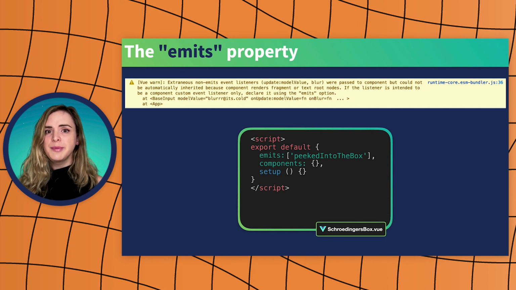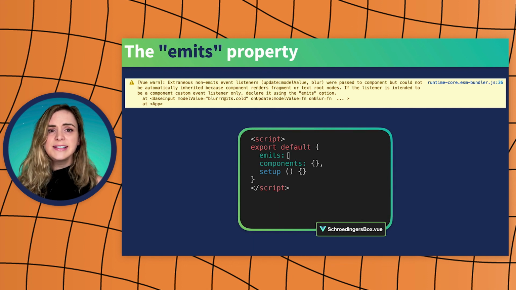So if we were expecting our component Schrödinger's box here to emit an event picked-into-the-box, we could just define it into the component like this. That way, whenever Vue instantiates our component, it will know that it may expect an event with the name picked-into-the-box to be emitted by the component.